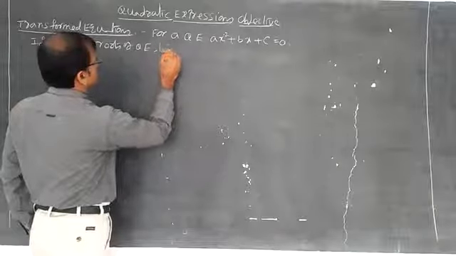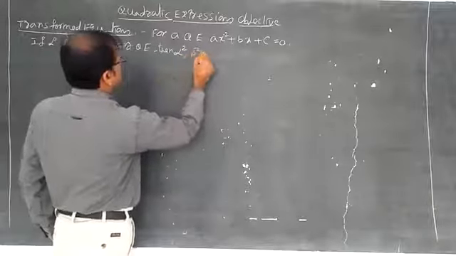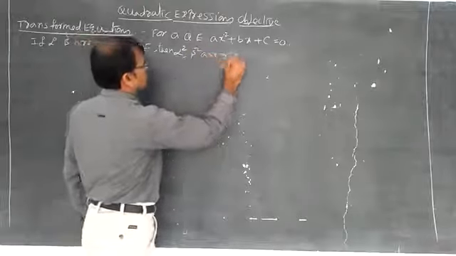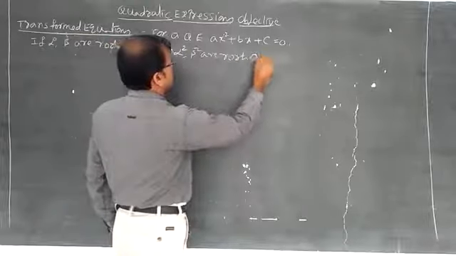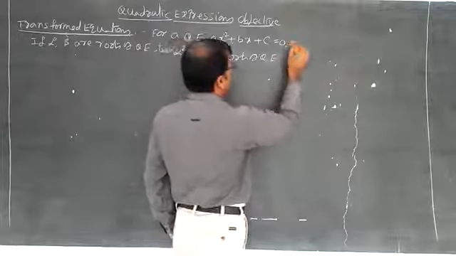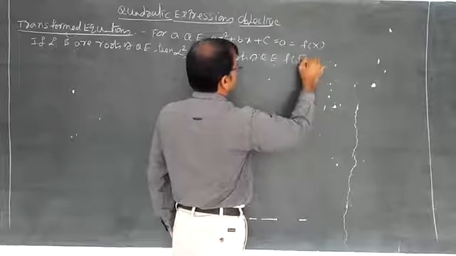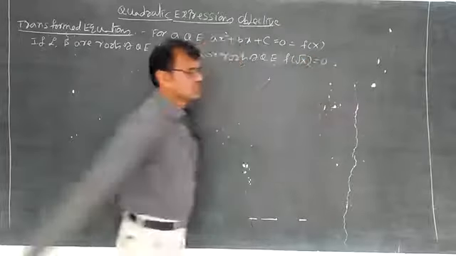Alpha square, beta square are roots of the QE f of root x equal to 0.